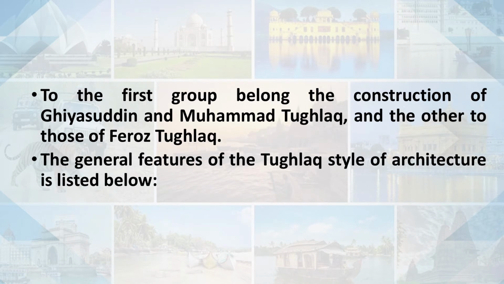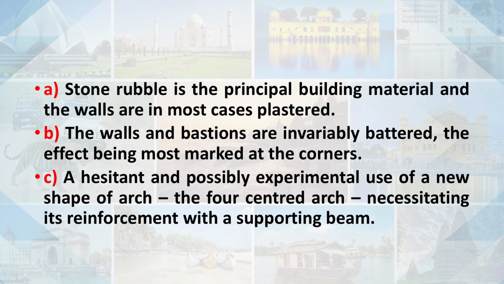To the first group belong the constructions of Ghiyasuddin and Muhammad Tughlaq, and the other to those of Firoz Tughlaq. The general features of the Tughlaq style of architecture are: stone rubble is the principal building material, and the walls are in most cases plastered.